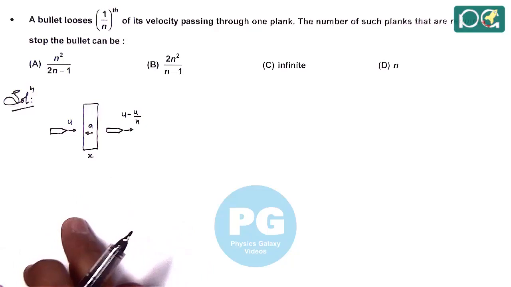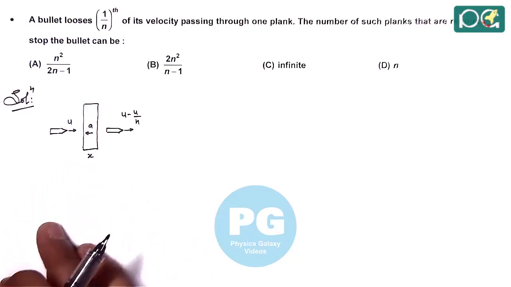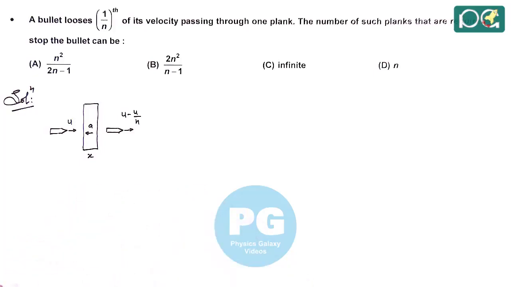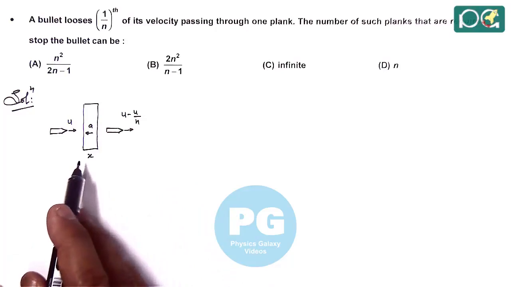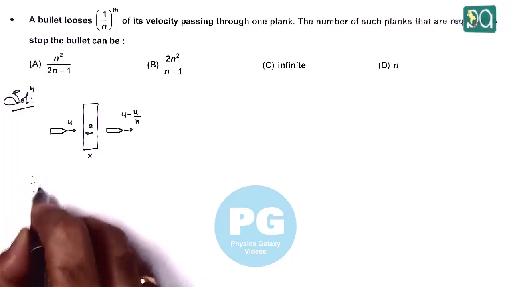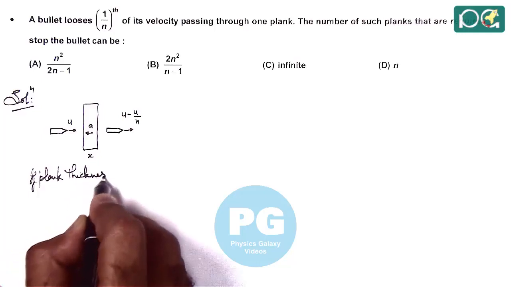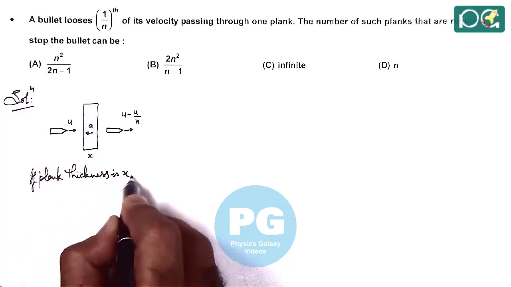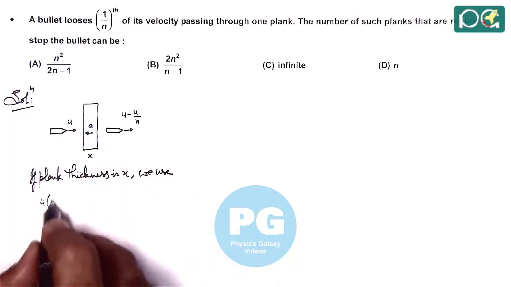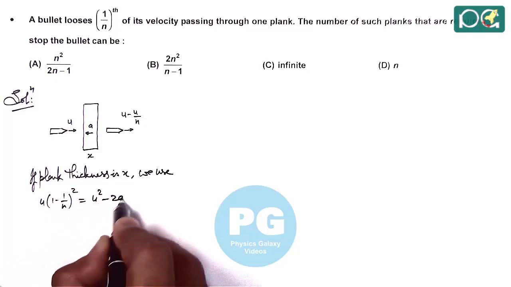Let me solve it by using the speed equation like the way we did before, and you can also verify it with the help of the work energy theorem. So here, if the plank thickness is x, we use u multiplied by 1 minus 1 by n, whole square, is u square minus 2ax.